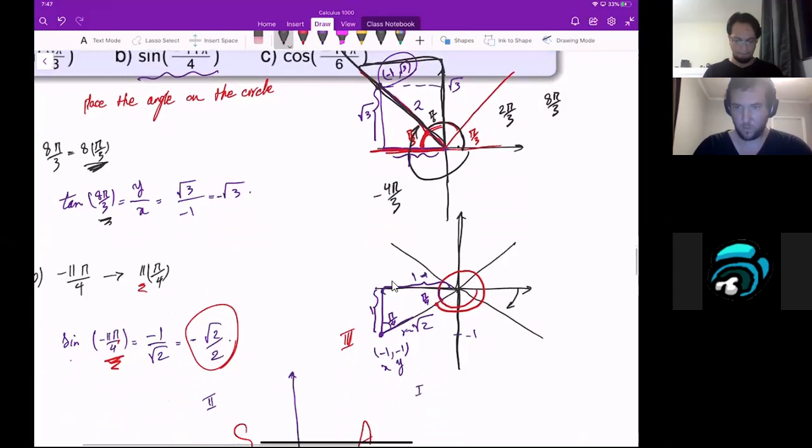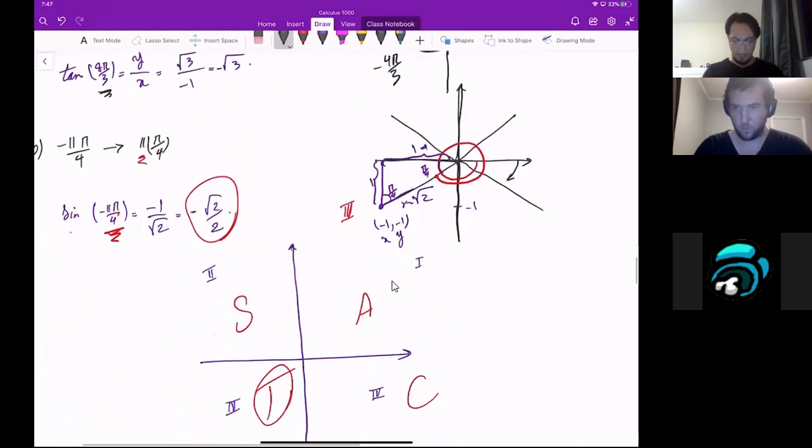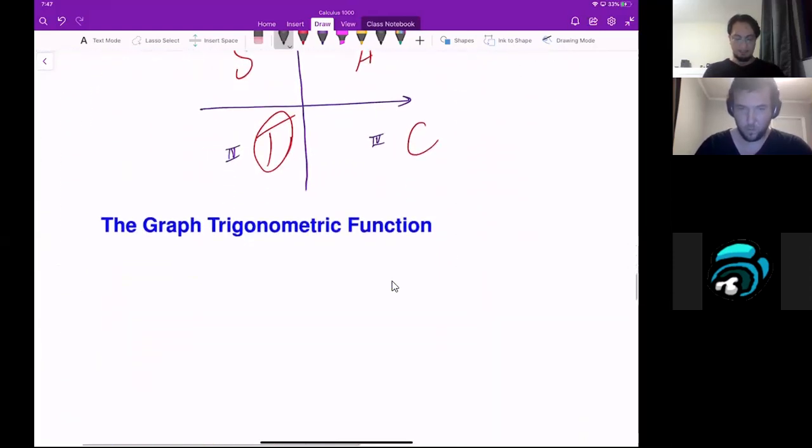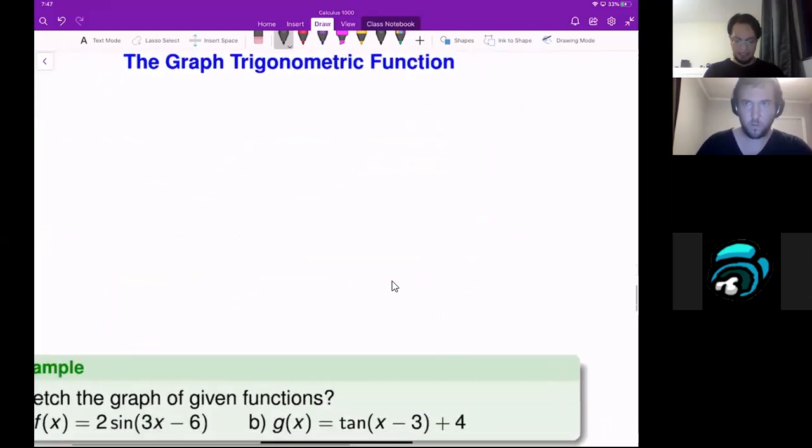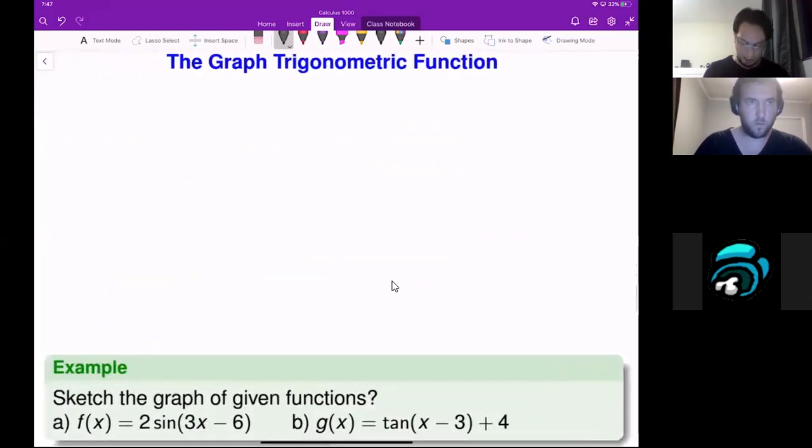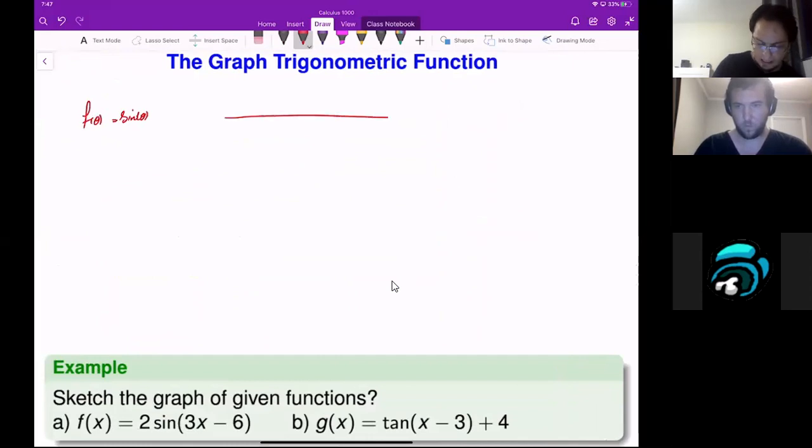Okay. Those are just special values, but then this is a function. How do we find the graphs of these? The graphs are something that you should keep in mind for sine and for cosine.